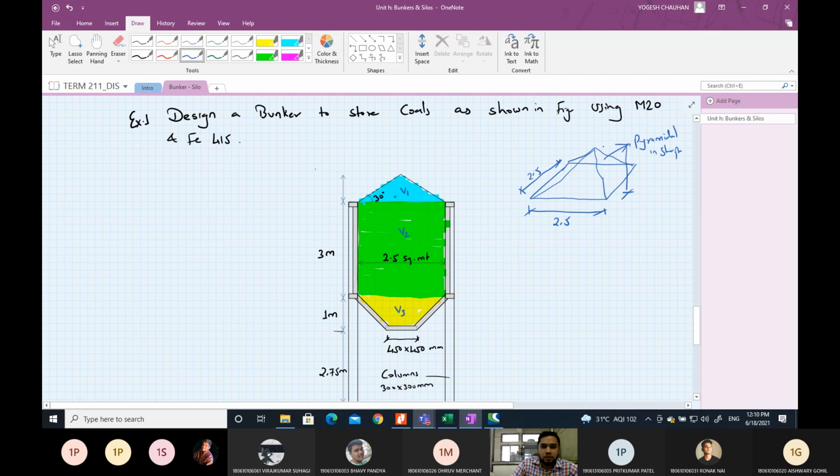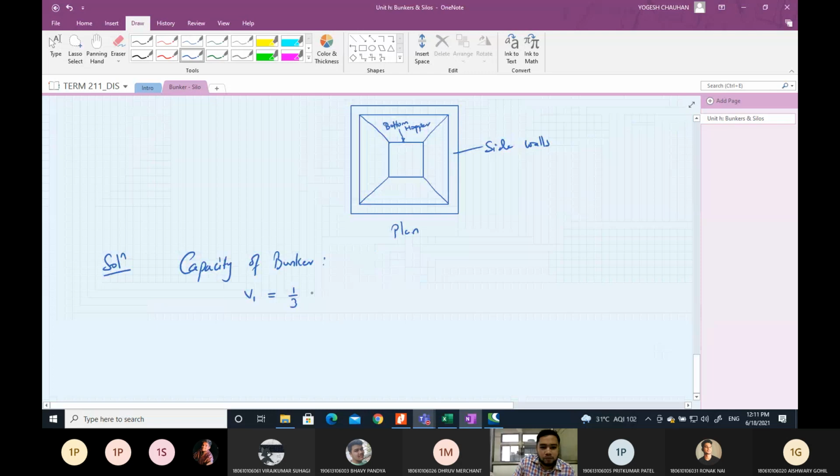So this would be 1.25 times tan 30, that will be 0.72 meter. So this height will be 0.72 meter. So you can find the volume 1 by 3 into base. Base is 2.5, width is 2.5, and height is 0.72. So that will be your volume V1.